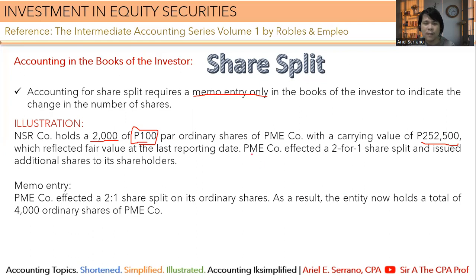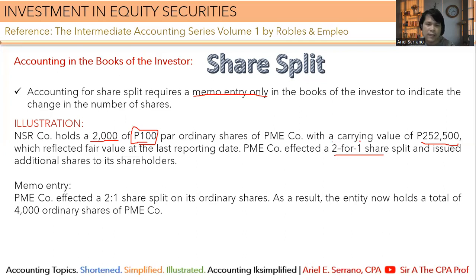Now, anong sinabi? Si PME company daw effected a 2-for-1 share split and issued additional shares to its shareholders. Paano nga ulit natin ito binabasa ng mga 2-for-1, 1-for-2? Dalawa kapalit ng isang shares.